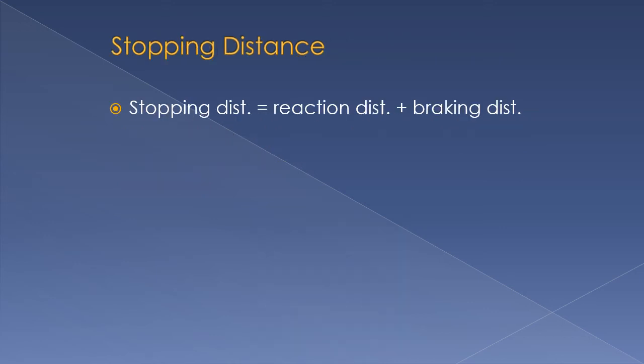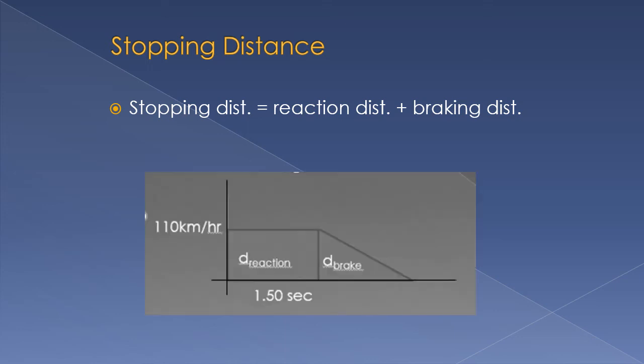Now that we have these two different distances, we're going to look at the big picture of what it would be our total stopping distance. And simply, it's the distance we go in the time we react and the distance we go when we're actually actively braking. On the next slide, we're going to have a problem, and it's pretty much this, is we have our distance that we have for our reaction distance, and then our braking distance.